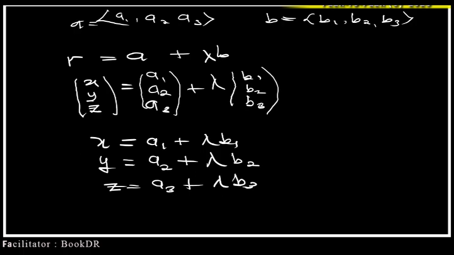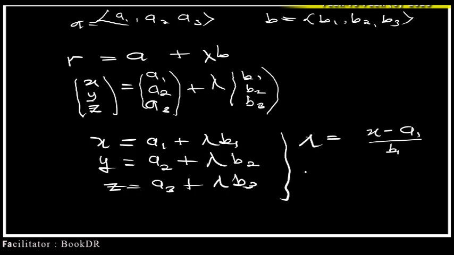Now let's make lambda the subject in all these equations. Making lambda the subject in the first one, we'll have lambda is equal to x minus a1 over b1.